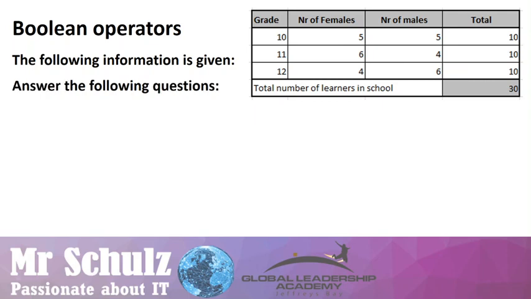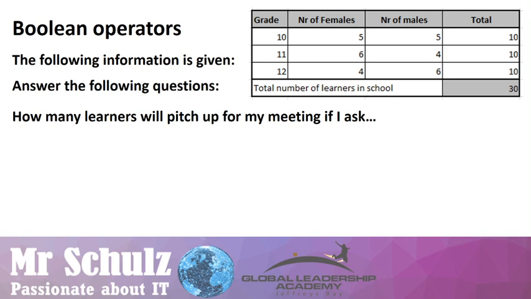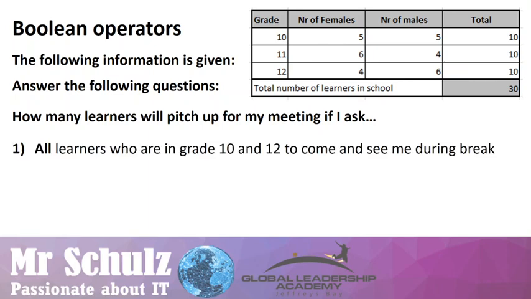And then I would like us to answer the following questions. How many learners will pitch up for my meeting? Number one, all learners who are in grade 10 and 12 to come and see me during break, what would you say? You can pause the video, otherwise I'm giving away the answer now.